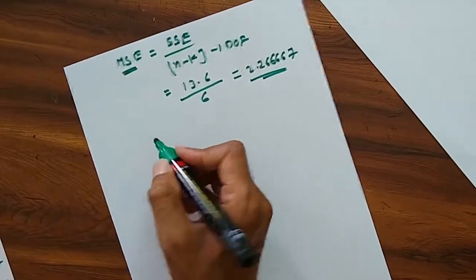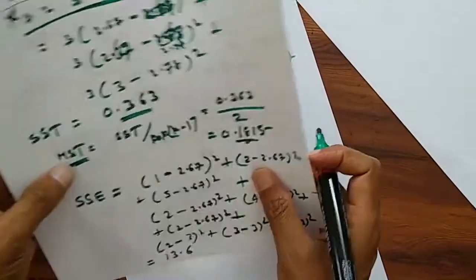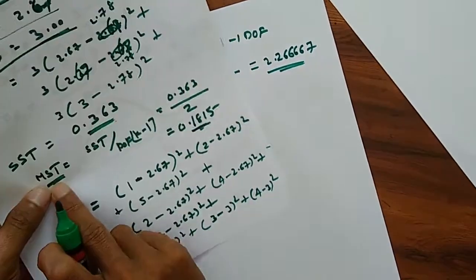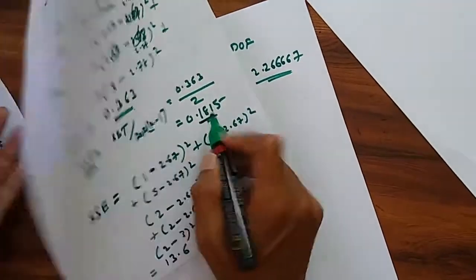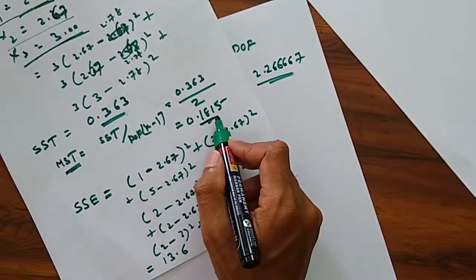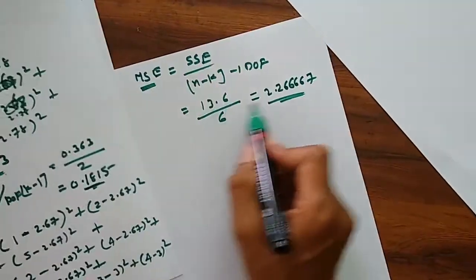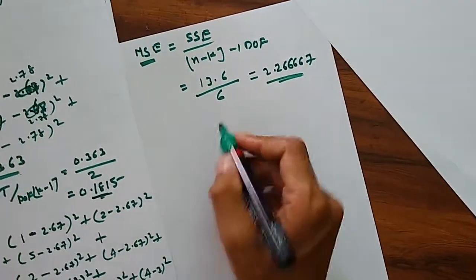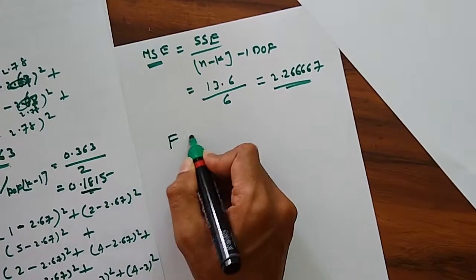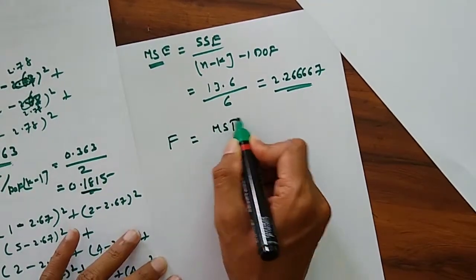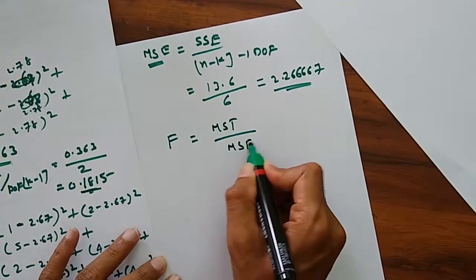So we know now MSE as well as MST. MST is 0.1815 and MSE is 2.26667. Once we know these, we know how to calculate the F value, MST by MSE.